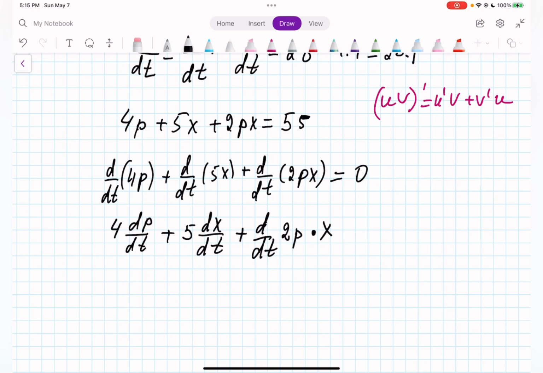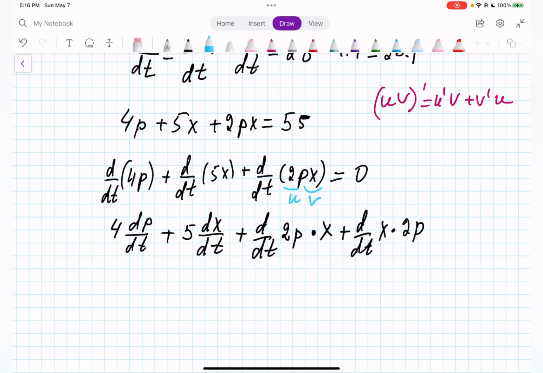And then plus the derivative of x, d by dt, times 2p. This is my u, this is my v.